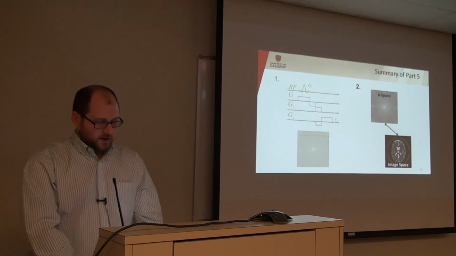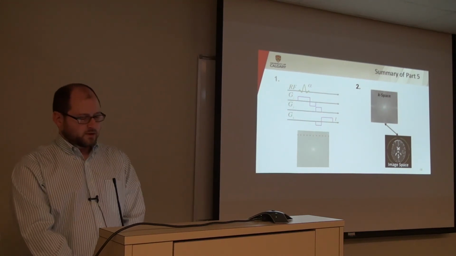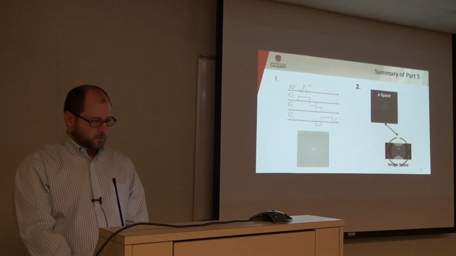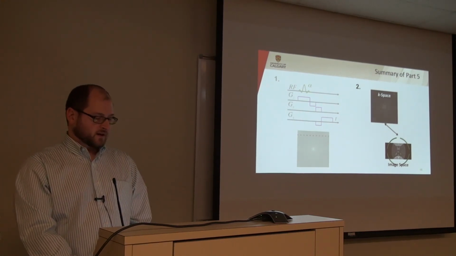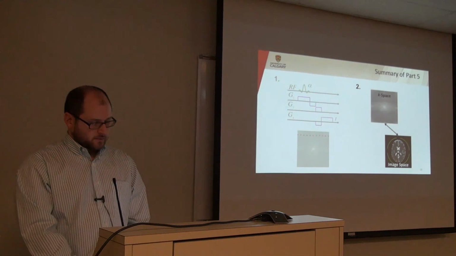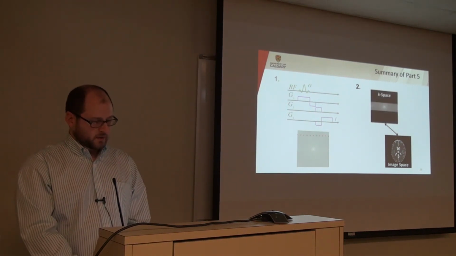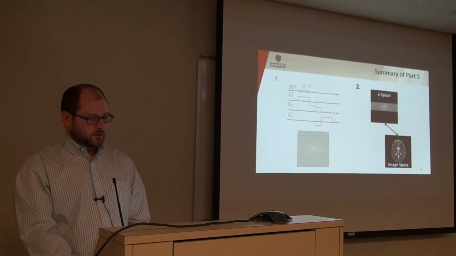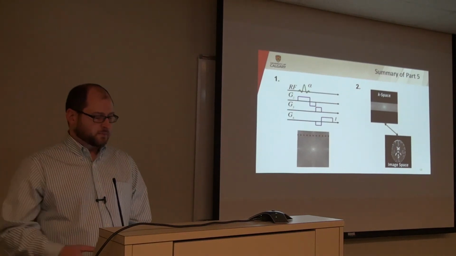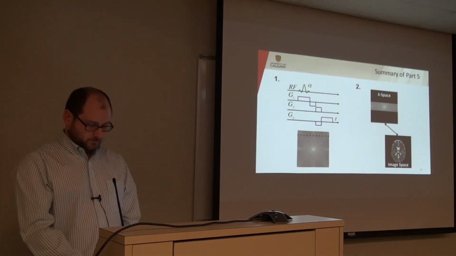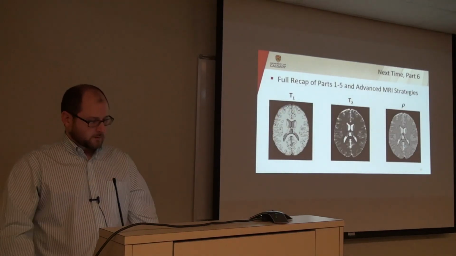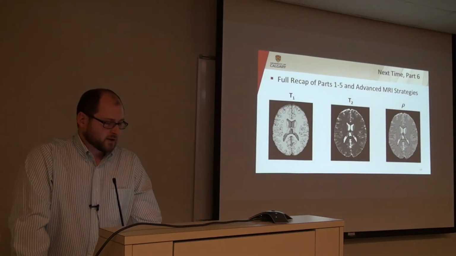And so we talked about the fact that for parallel imaging, we use the coil sensitivity profiles to allow us to undersample the K-space and fully reconstruct the image. And then we also talked briefly about how if we do zero padding, then we have to apply some sort of filter to get rid of some of that Gibbs ringing. Okay? And so that brings us to the end of part 5.